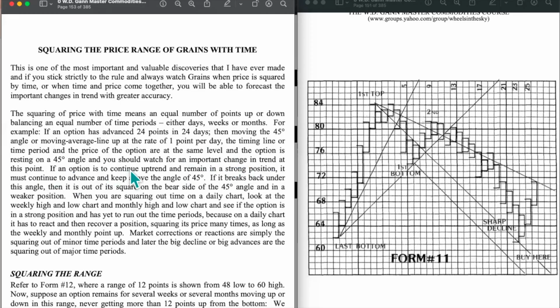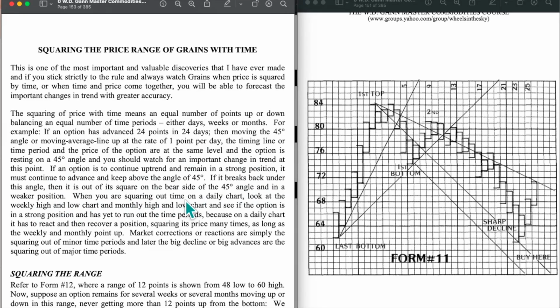If an option is to continue uptrend and remain in a strong position, it must continue to advance and keep above the angle of 45 degree. If it breaks back under this angle, then it is out of the square on the bear side of the 45-degree angle and in a weaker position.